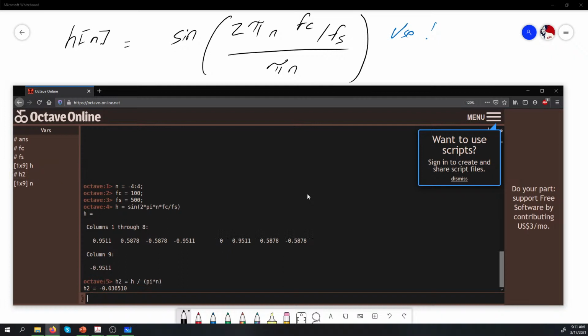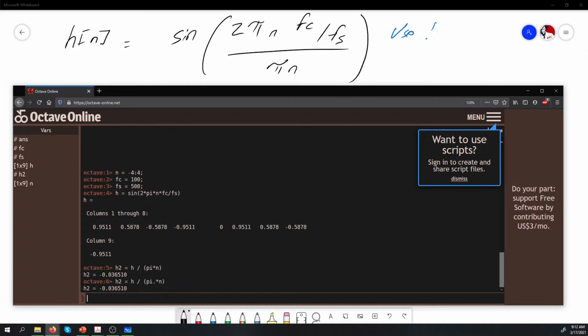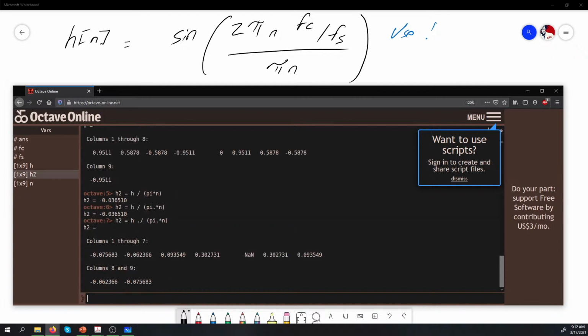If we do this, it's not going to work as required because of some weird scaling, so we're going to have to do pi dot star n. Nope, that didn't work either. What did I do? All right, so not dot star, it's dot divide. Right, there we go.